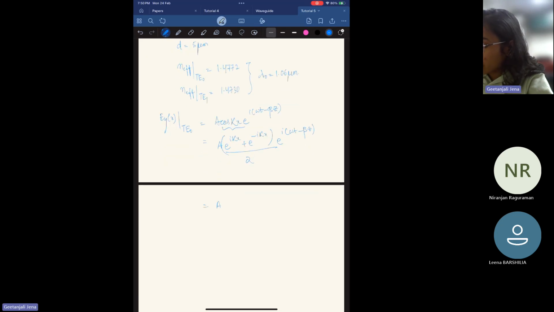So this will give A by 2 e to power i (omega t plus kappa x minus beta z) plus e to power i (omega t minus beta z minus kappa x).